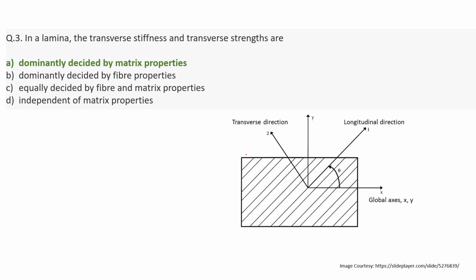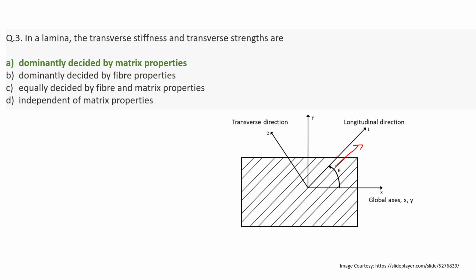As you can see in this diagram, these fibers are aligned at an angle theta, and the alignment of this fiber will give us the longitudinal direction, which is different from the global axis. The global axis is x and y, and the direction in which the fiber is aligned gives us the material axis, and the fiber direction is known as the longitudinal direction.